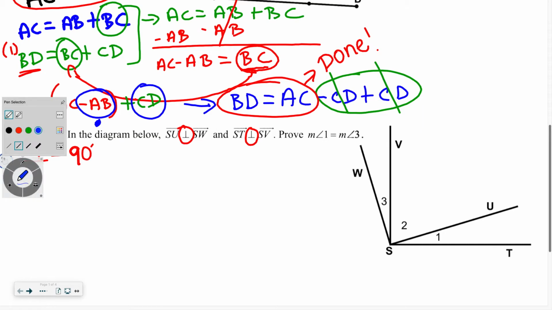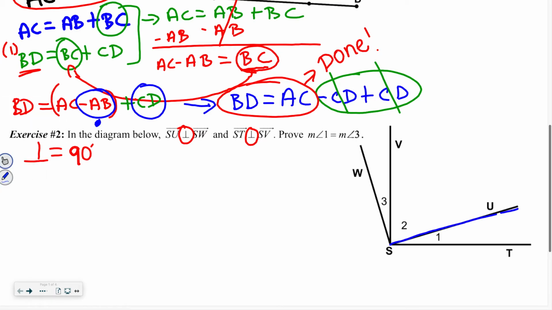Notice that it says that SU is perpendicular to SW. And here is SW. Therefore, I have a right angle right there.